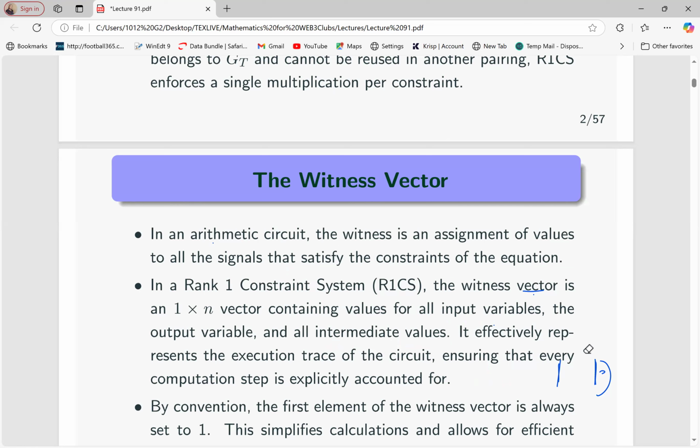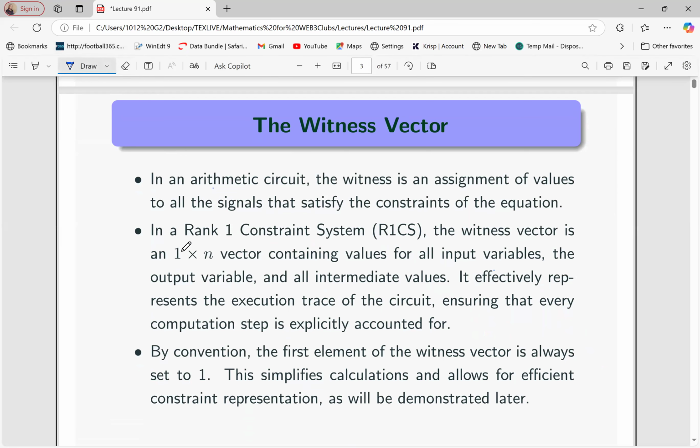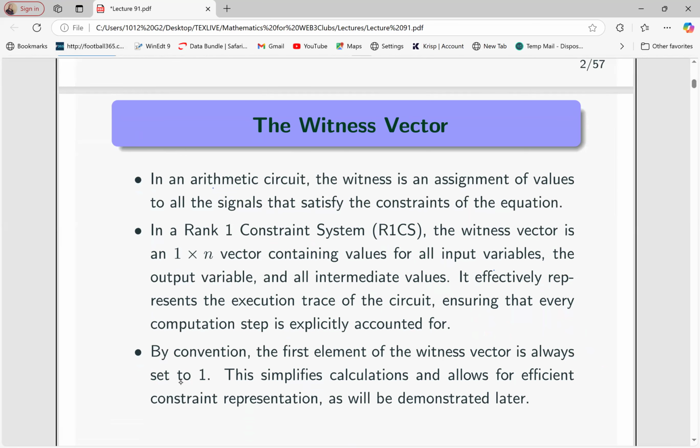Now we know what a witness is. Of course, we'll be looking at examples, and the examples will assist us to know what I mean by input variables, output variables, and intermediate values. I've also noted here that by convention, the first element of the witness will be one.